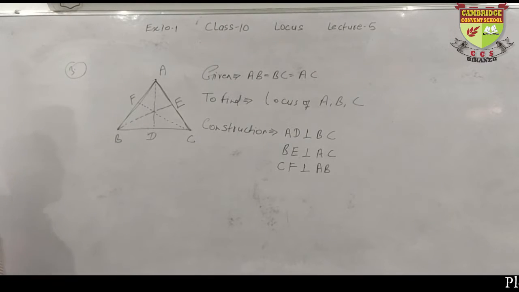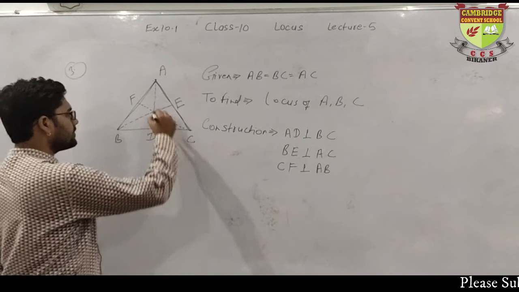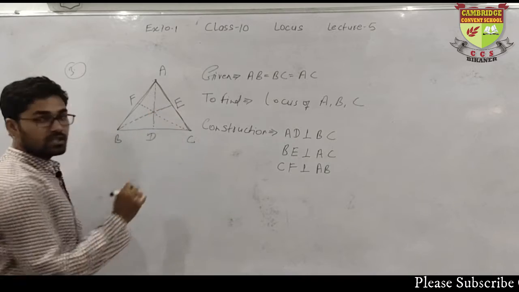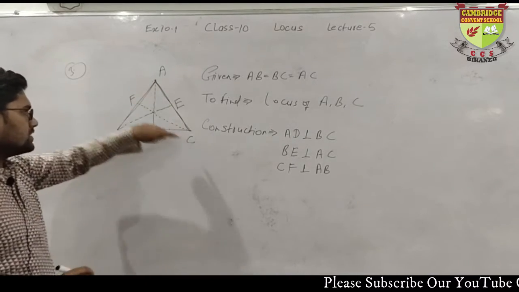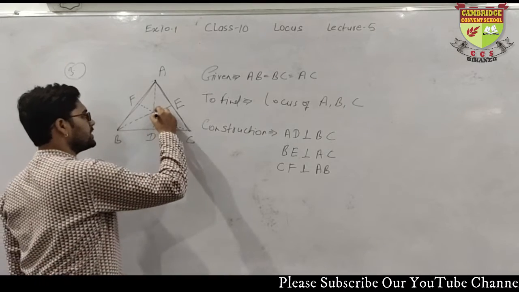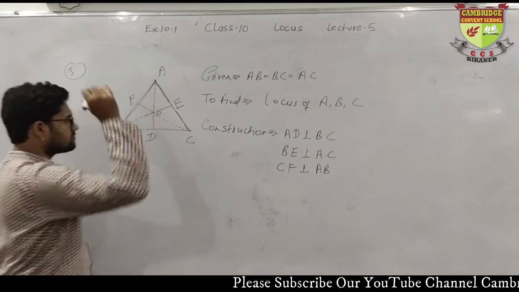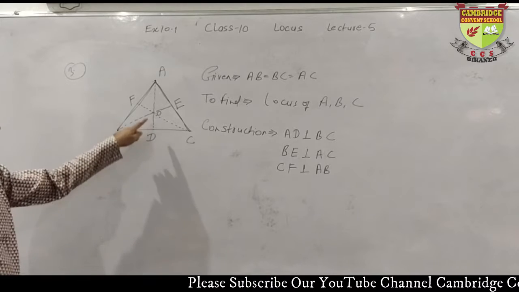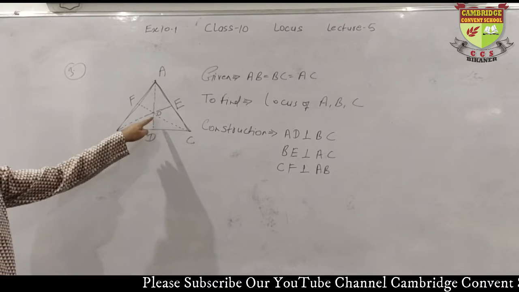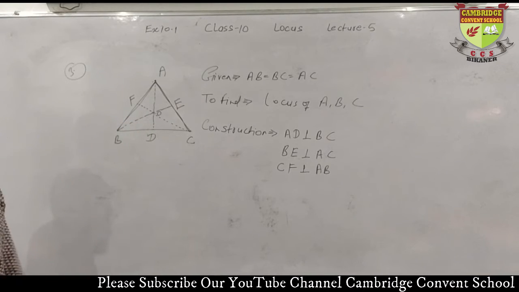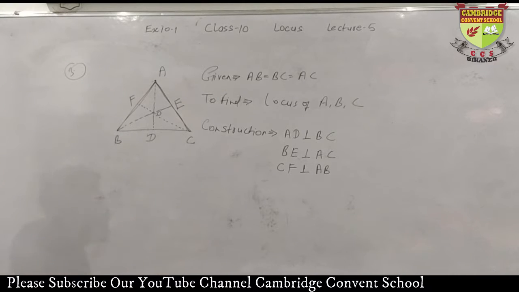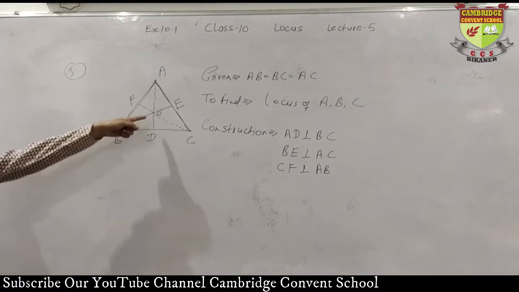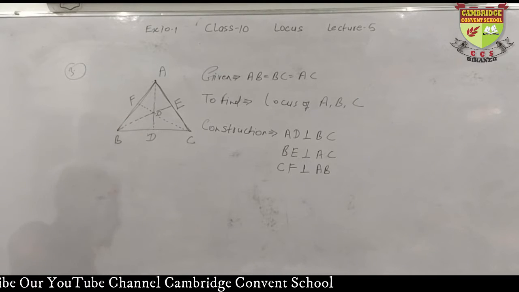Okay, fine. All these three perpendiculars AD, BE, CF meet at a common point O. O is our locus. I am telling you already, but this is not the way we solve in mathematics. We have to prove why O is the locus, right?